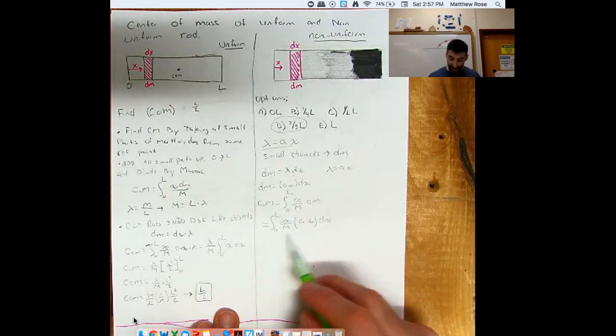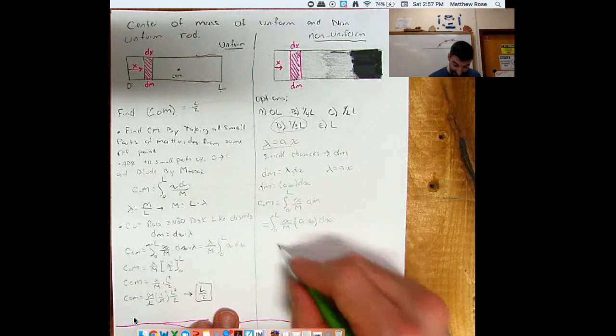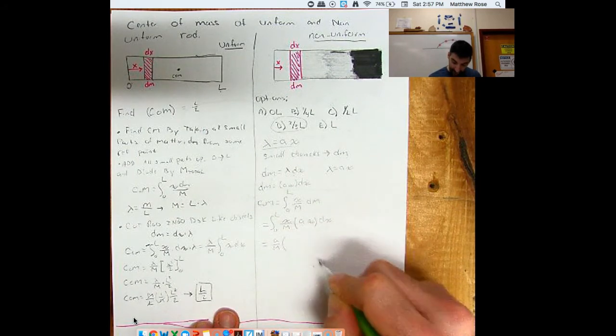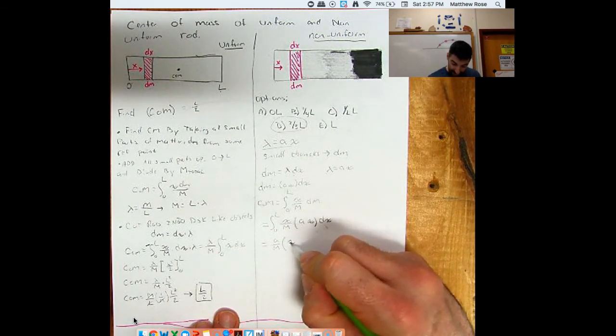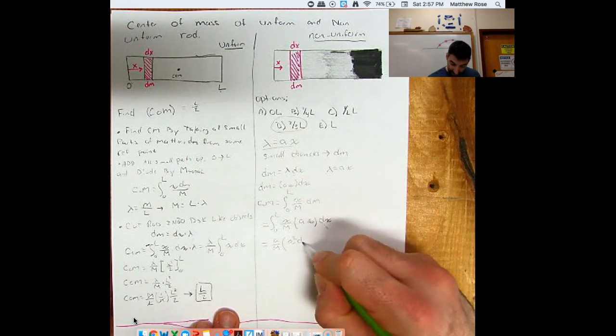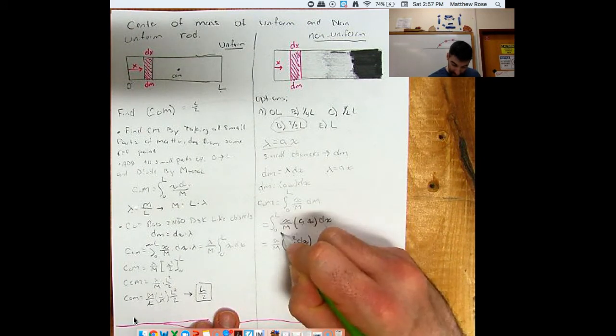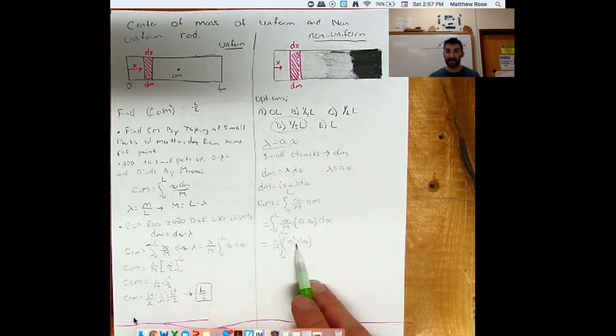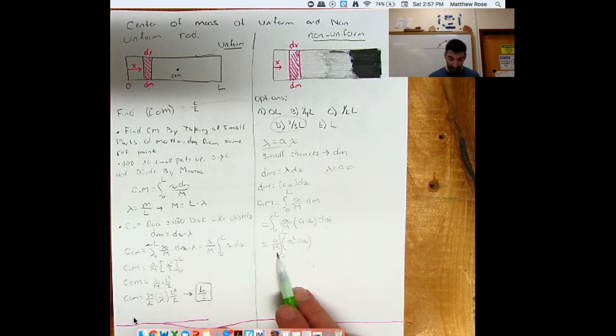If I want, I could take that out. My a is a constant. I can take that out. So that's going to be equal to a over m times the antiderivative from 0 to L of x squared dx.